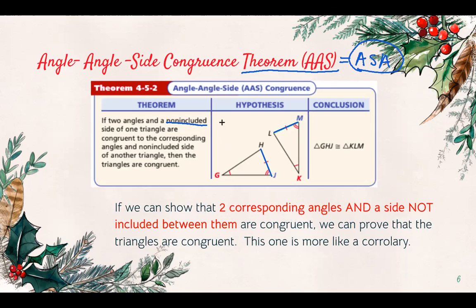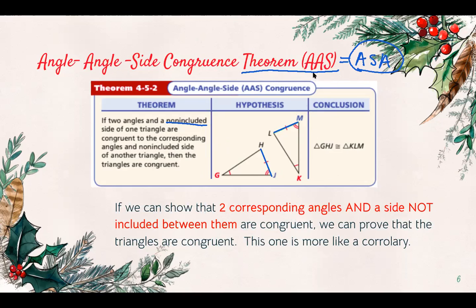The other important part is that it also has to correspond. It has to be in the same position. So it's non-included and it has to correspond. You'll notice that it's next to the double marked angle in both of these cases. So it does correspond. If those are congruent in one triangle and in the other triangle, then we'll say the triangles are congruent. This is AAS triangle congruence.